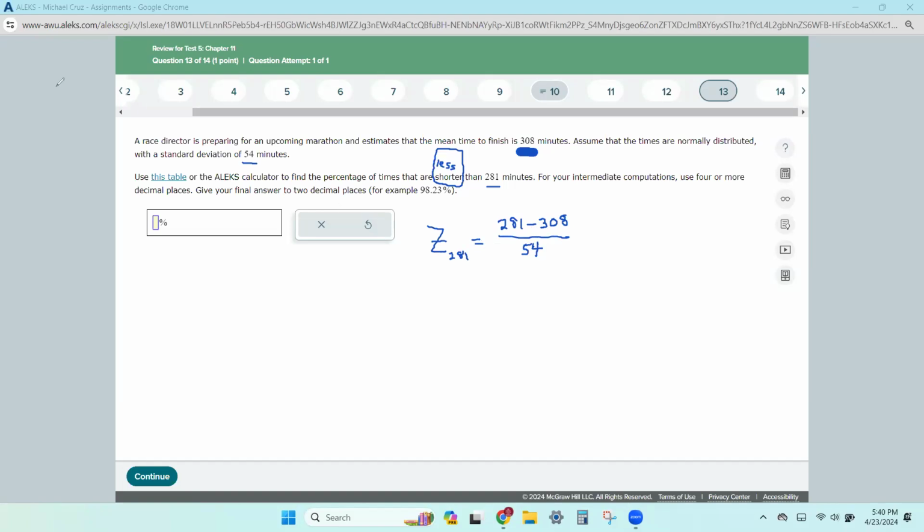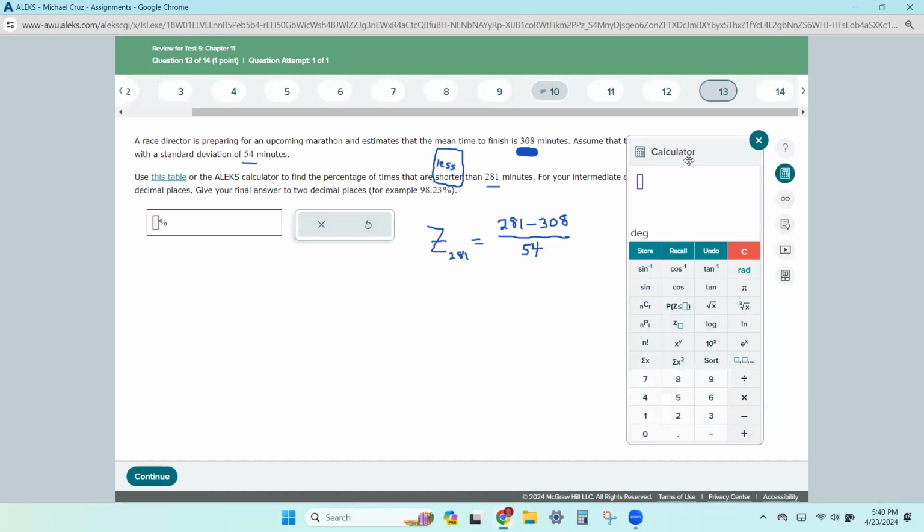Okay, so let's go ahead and let the calculator do the work for us. 281 minus 308 divided by 54. So this is negative 0.5.